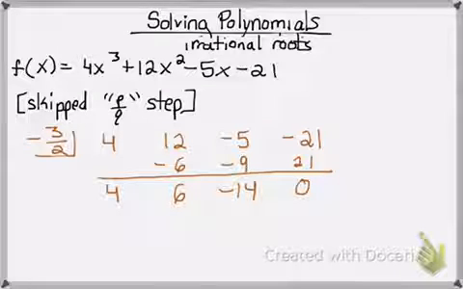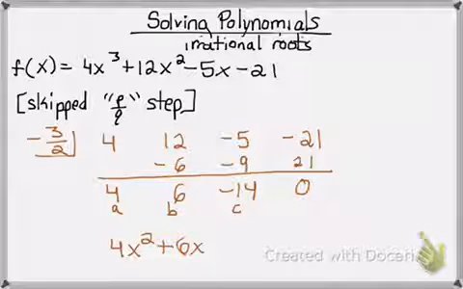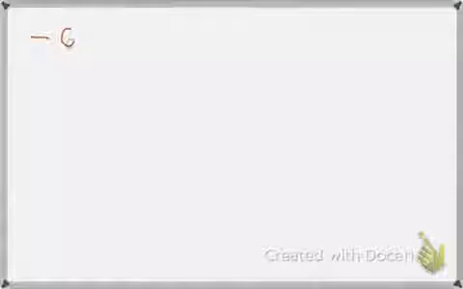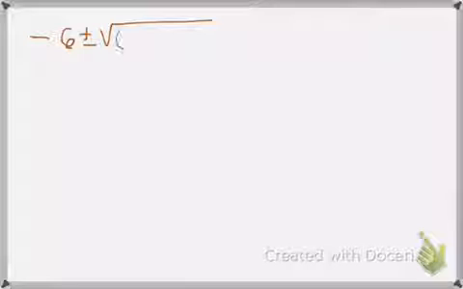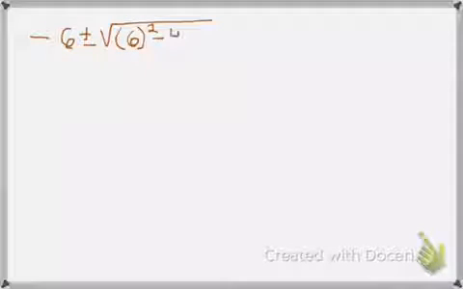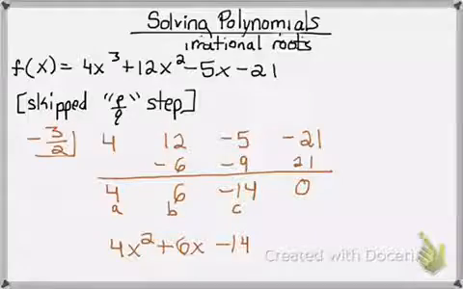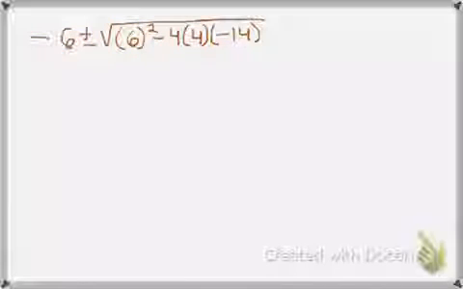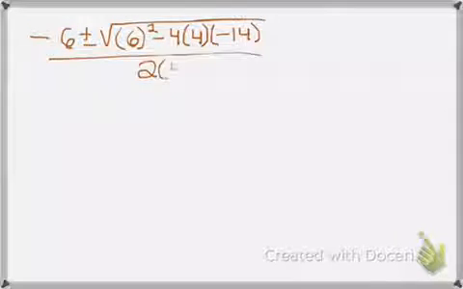Now I have my A, my B, and my C. And of course, when I write the quadratic function, it'll be 4x squared plus 6x minus 14. So now I can go ahead and do my quadratic formula. My B is 6, so when I plug it into the quadratic formula, it will be negative 6 plus or minus square root of 6 squared minus 4 times my A, which was 4, times negative 14, which is my C, all over 2 times 4.